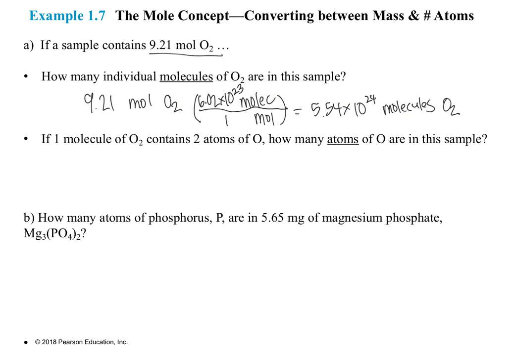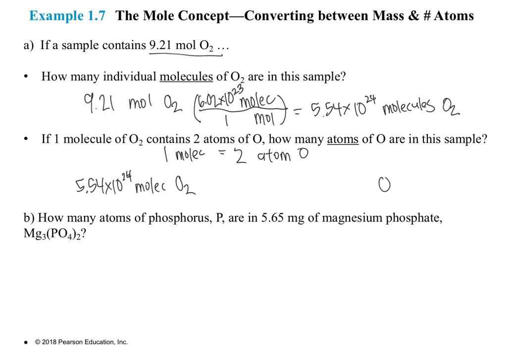Now this is the part that gets a little bit, not necessarily trickier, but something where you have to think a little deeper. A conversion that we're going to use is that 1 molecule of O2 has 2 atoms of oxygen. So in that original sample, I have 5.54 times 10 to the 24 molecules of O2.